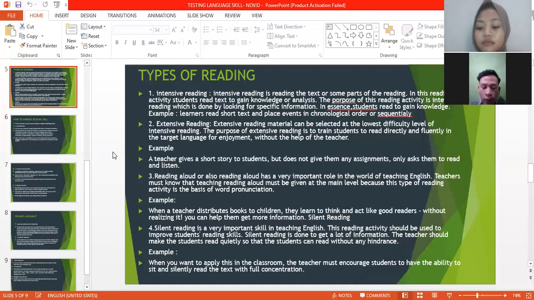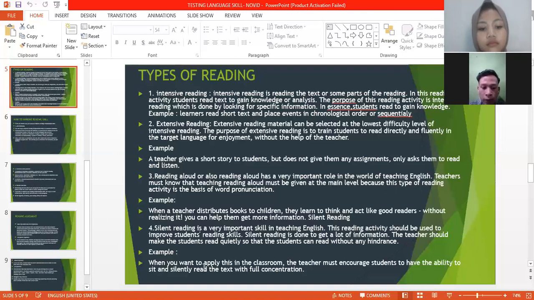And fourth, silent reading. Silent reading is a very important skill in teaching English. These reading activities should be used to improve students' reading skills. Silent reading is done to get a lot of information. The teacher should make the students read quickly so that they can read without any hindrance.